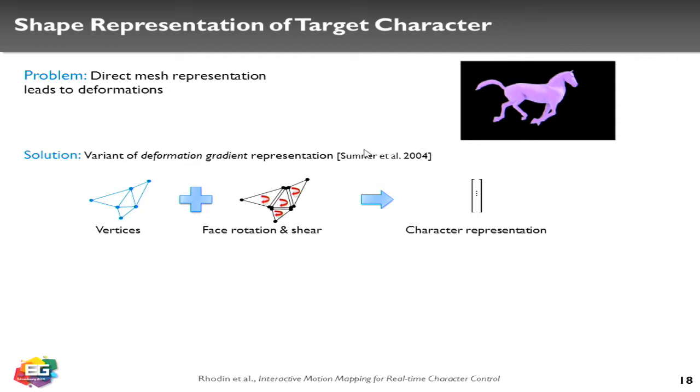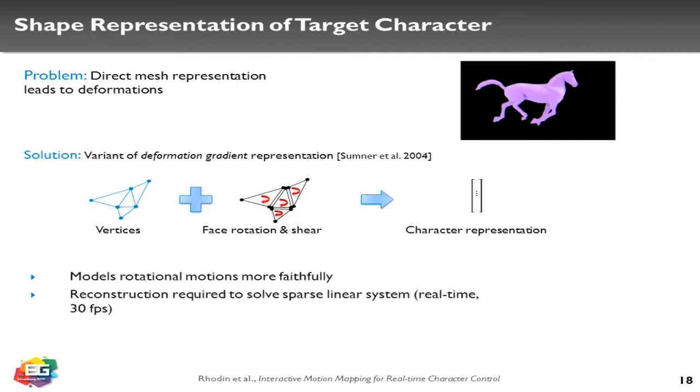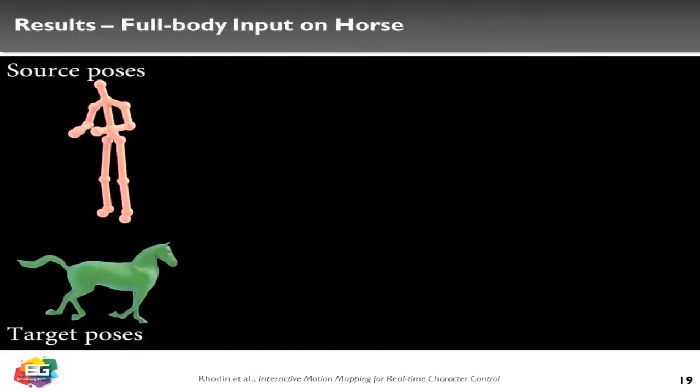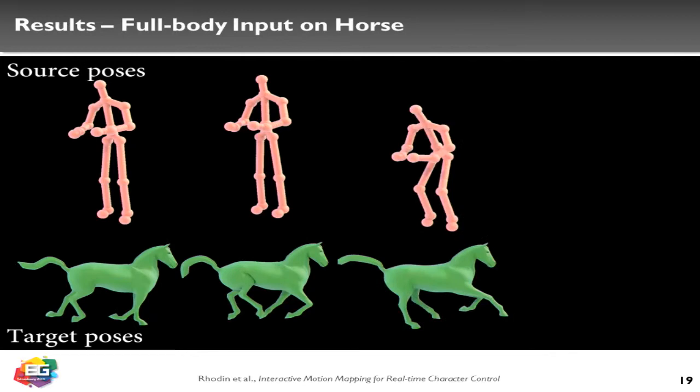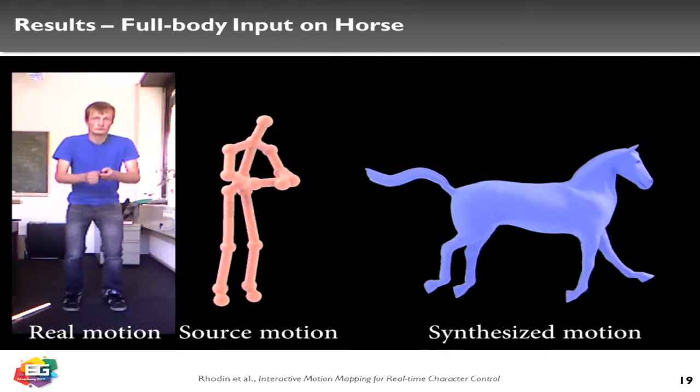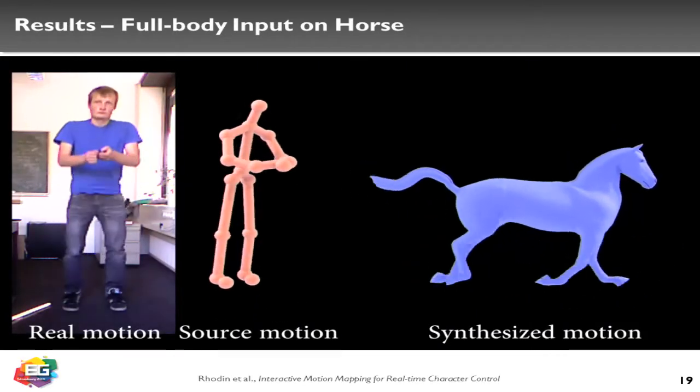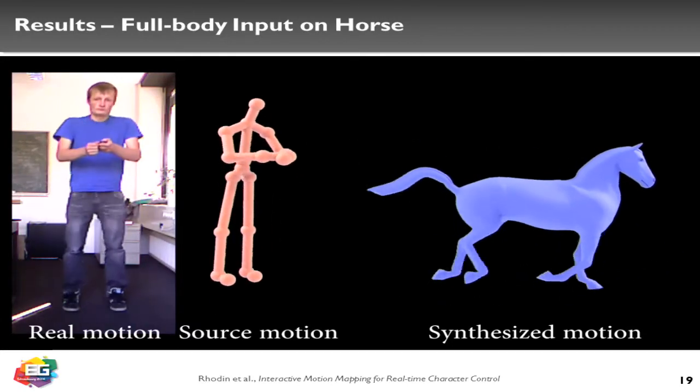It's a very similar representation to the deformation gradients paper, which is kind of famous in this field. As I said, this model encodes the rotation of each keyframe. The reconstruction is quite fast, so you can still do it in real time. From this mapping, you can see that the synthesized motion is more natural.